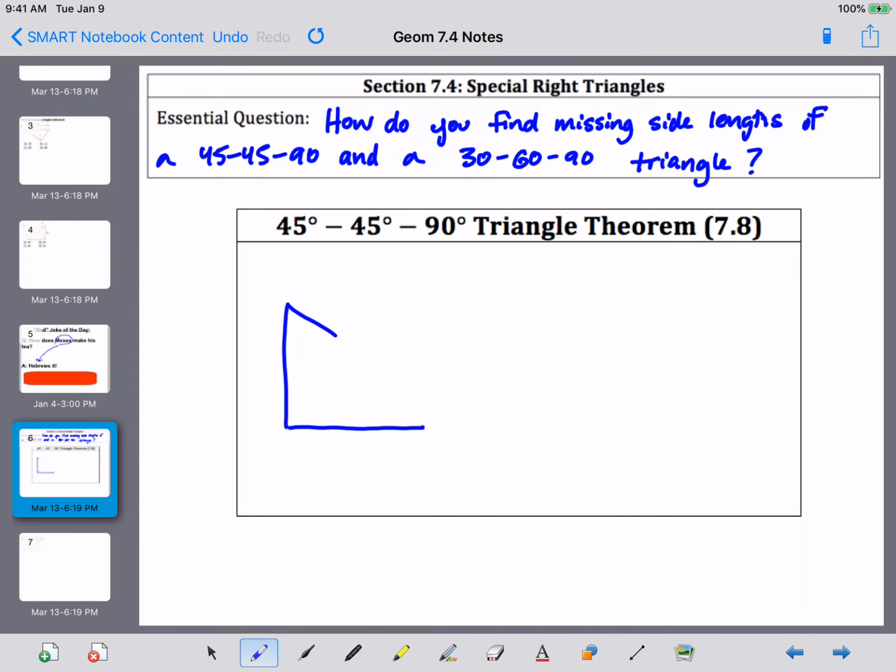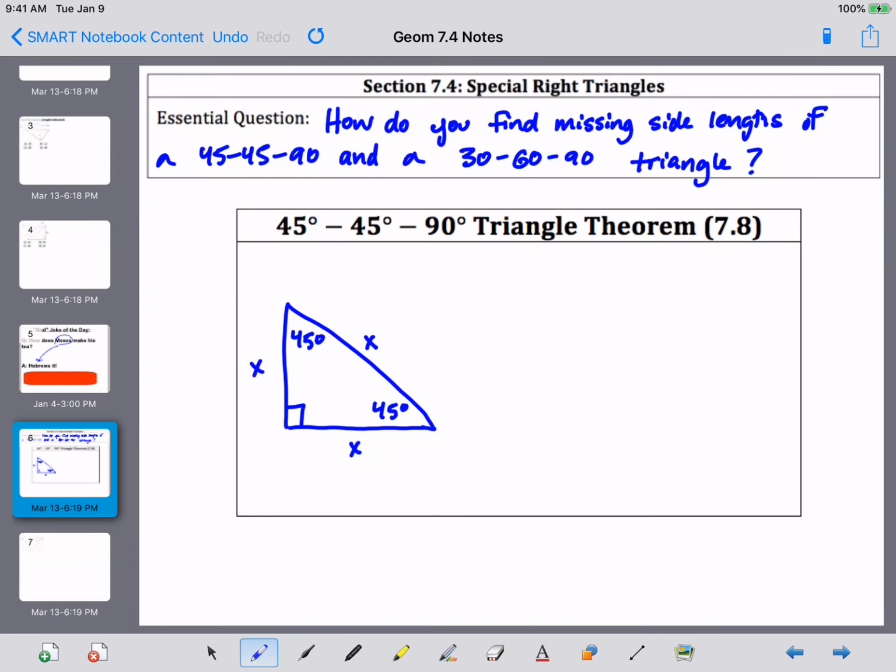So go ahead and draw a triangle and try to make it so that these two legs are the same length. If you know that these acute angles are 45 degrees, what actually happens is that these two sides have to be the same length, so the legs are equal.